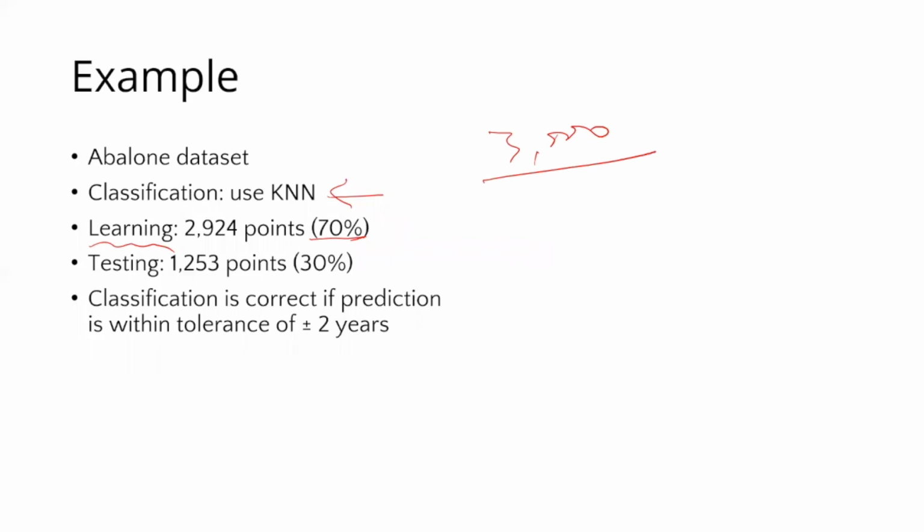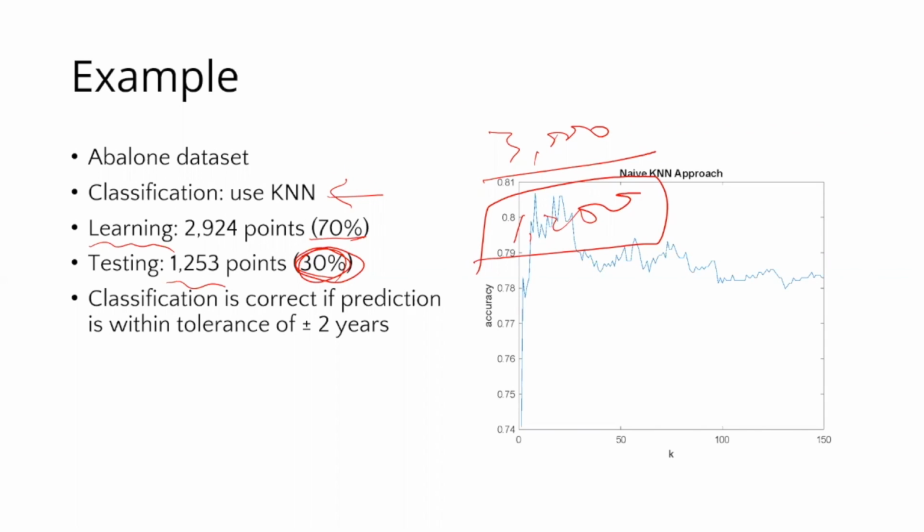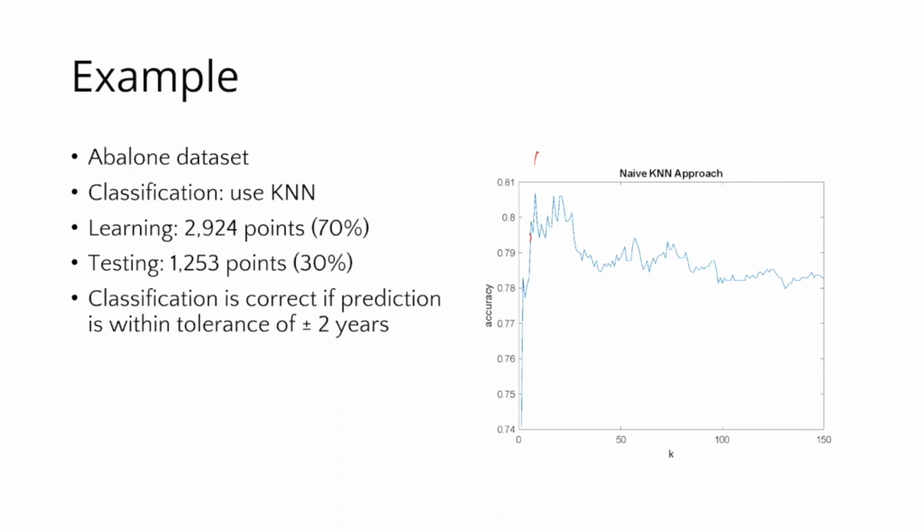Well, it's not really training anything. And then I randomly selected 30% of the data, which is approximately 1,200, to be used for testing and validation.